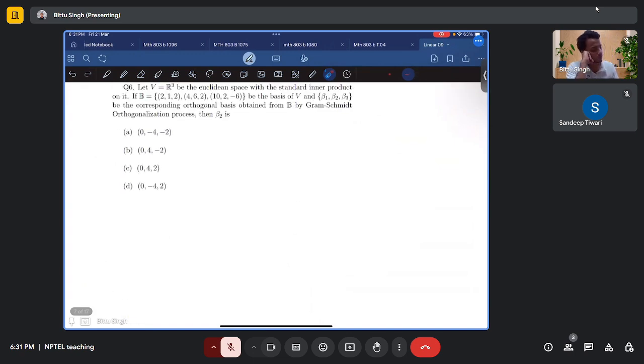If we use the formula, then write it as alpha 1, alpha 2, alpha 3. Beta 1 is the same as alpha 1, which is (2, 1, 2). And now beta 2 is the same as alpha 2 minus the projection of alpha 2 on beta 1.